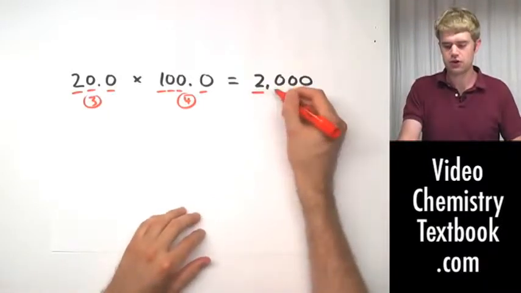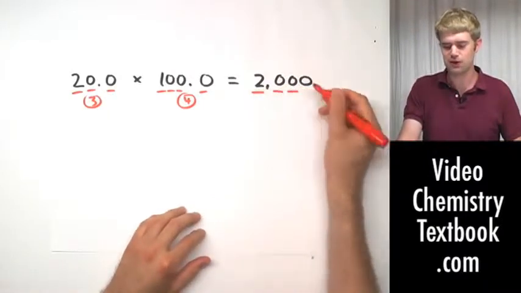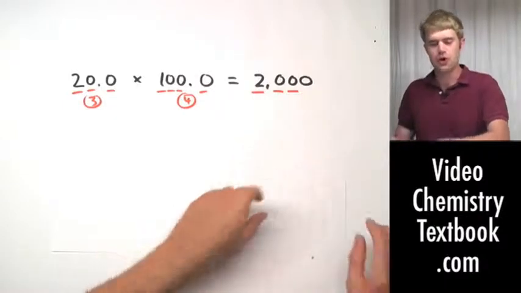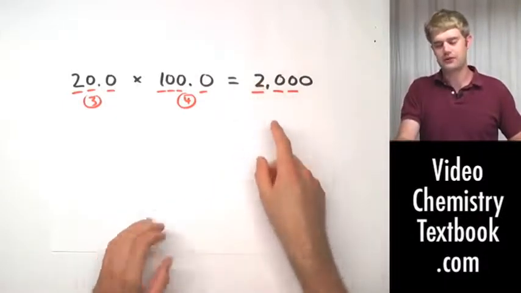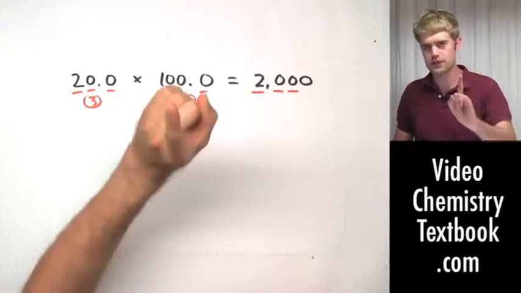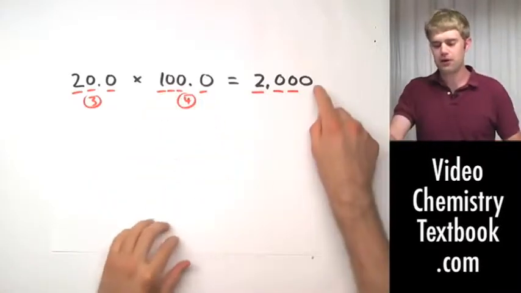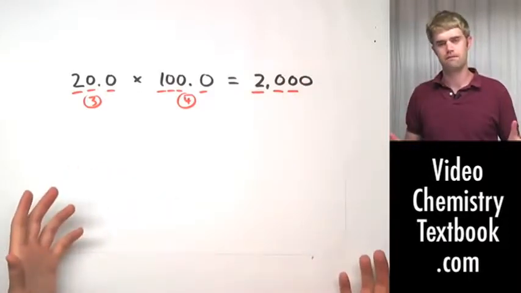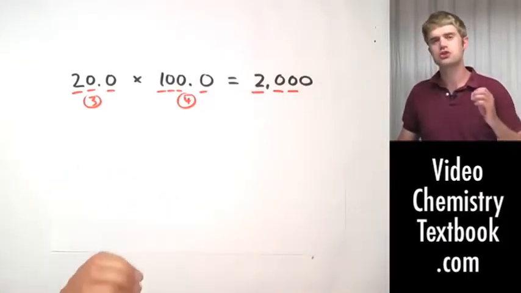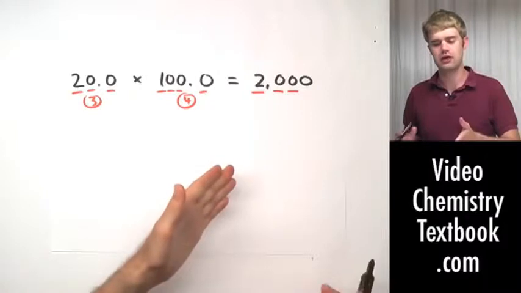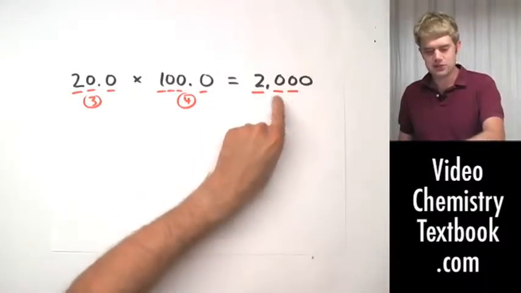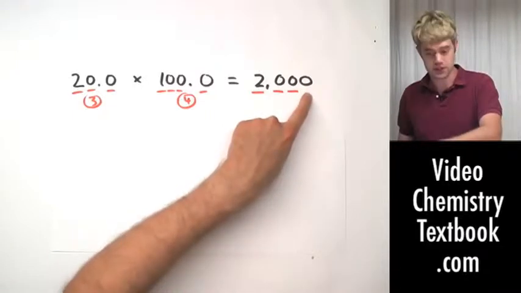So I'm going to keep the 2, and I'm going to keep these 2 zeros, but not this 0, right? So I don't want to write it as 2,000 because then it only looks like there's 1 significant figure in it. But if I put a decimal place to the right, that means that all of the zeros are significant. In this case, it's super important to put it in scientific notation, and in fact, that's the only way that I can show that these 2 zeros are significant, but this one is not.